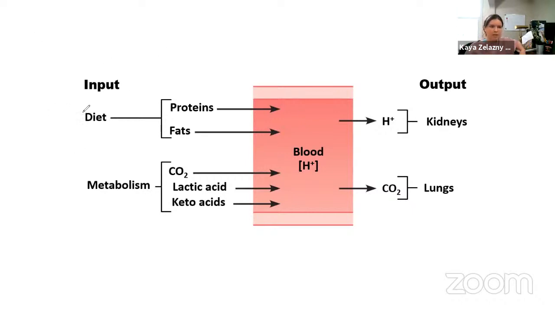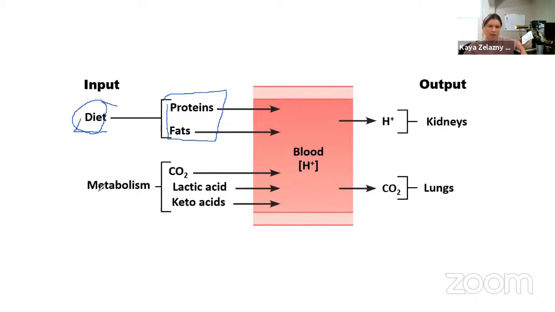So one place is just diet. What you are eating and drinking has an effect on your blood pH, and specifically really high protein or high fat diets are going to create a lot of hydrogen ions in the blood.